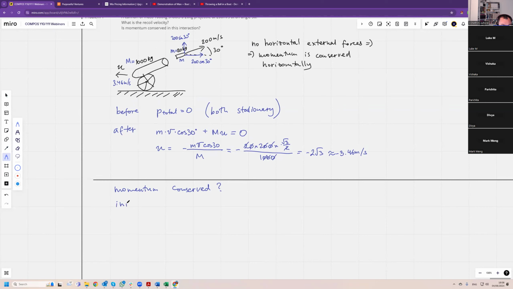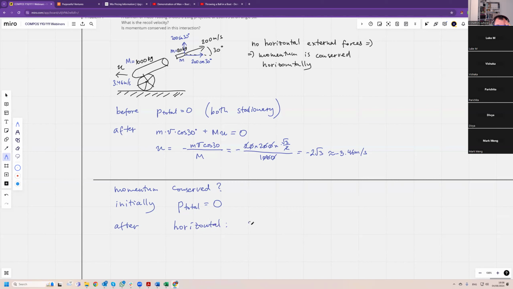So initially, they're both stationary. So the total momentum, as I already mentioned, is 0. However, after, let's do the horizontal momentum.